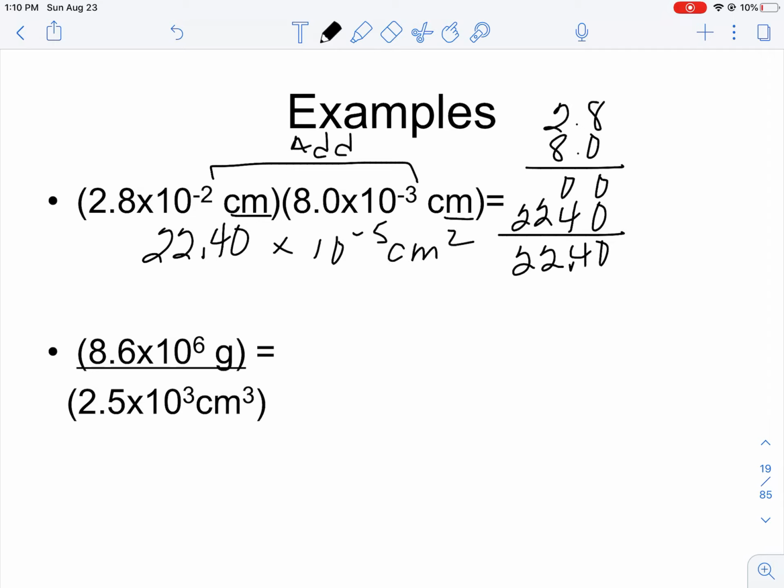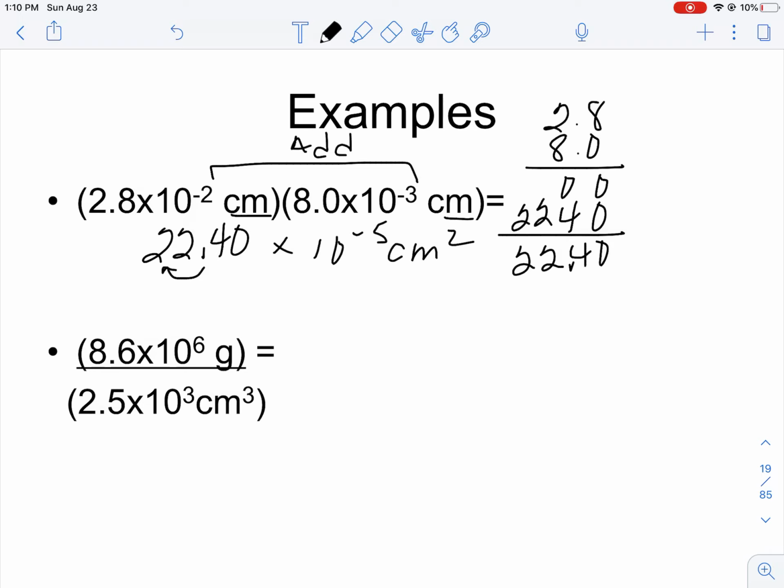Now, there are 2 non-zero numbers to the left of the decimal, so that's not correctly written in scientific notation. The rule is that there's only 1 number, so we must move this decimal place to the left. When we do that, we have to move the exponent as well.